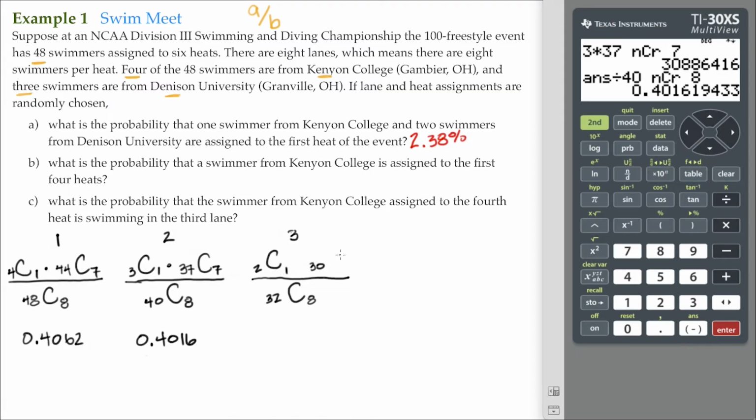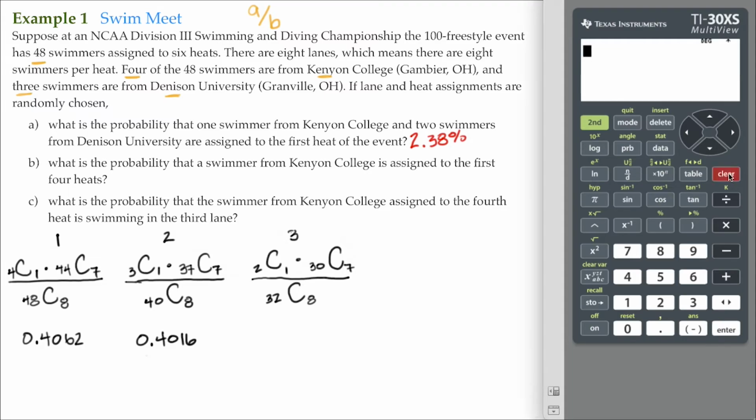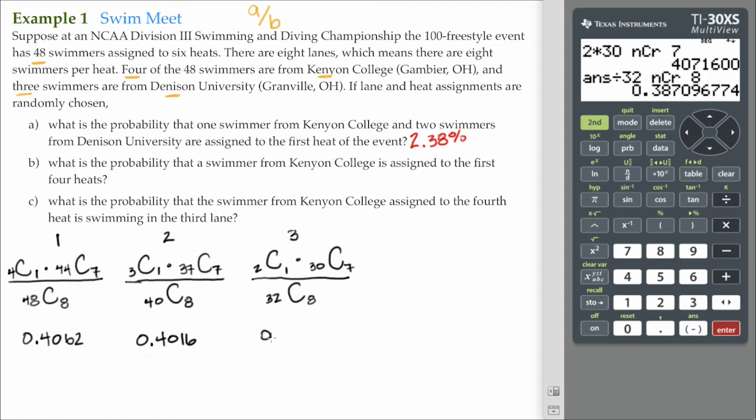This is going to be 30 choose 7. 2 choose 1, that's 2. I'm going to do 2 times 30 choose 7. I'm going to divide that by 32 choose 8. This is approximately 0.3871.